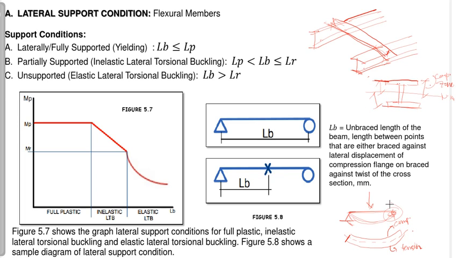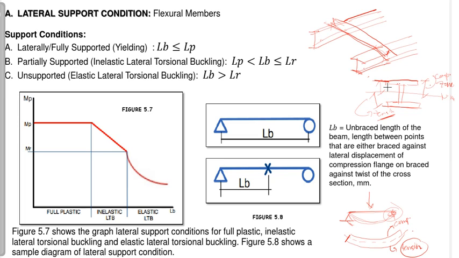Kasi dito sa ilalim natin is tension. Tension zone na dito sa ilalim. Okay? So, pag naglagay tayo ng lateral support dito sa ilalim, it is not efficient. Kasi nga, yung tension is not critical in lateral torsional buckling.